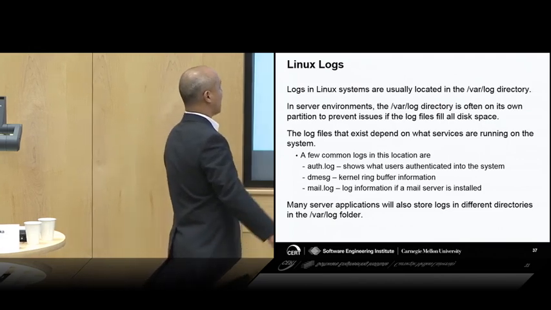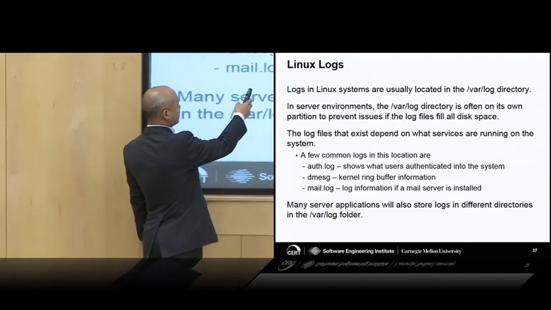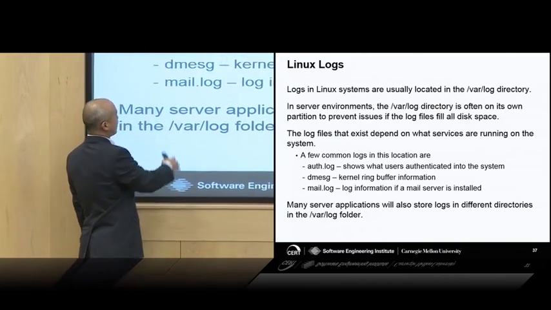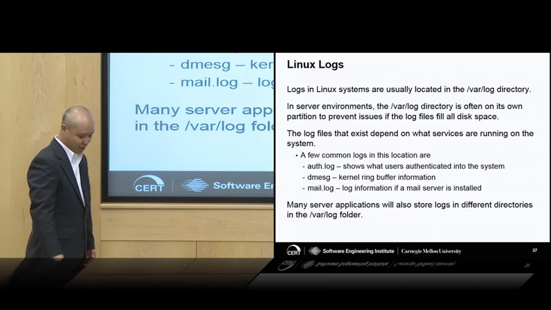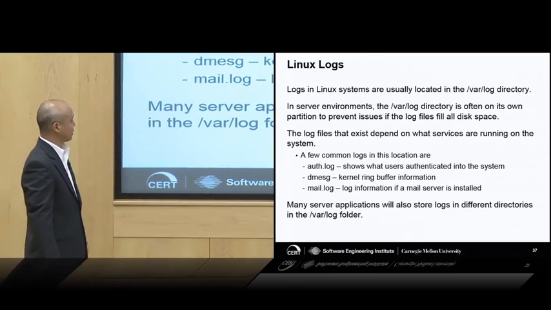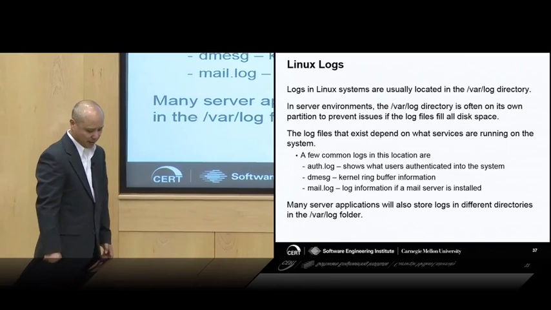So here are a few of the common ones. The authentication log, what users authenticated, is in the auth.log. The DMESG log is the kernel ring buffer information.